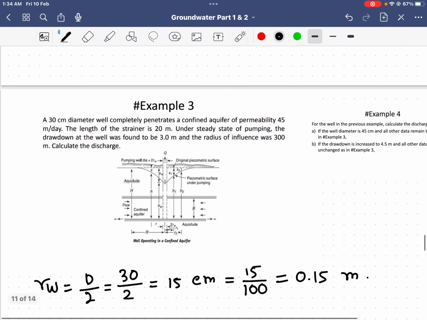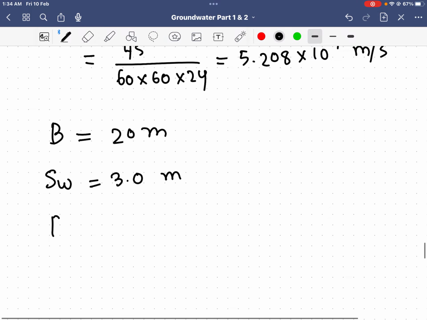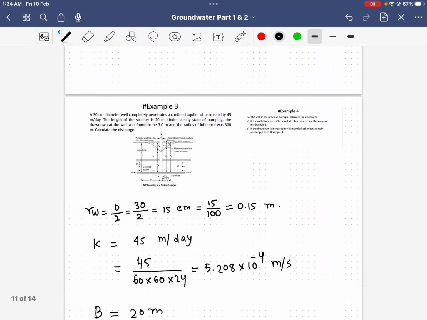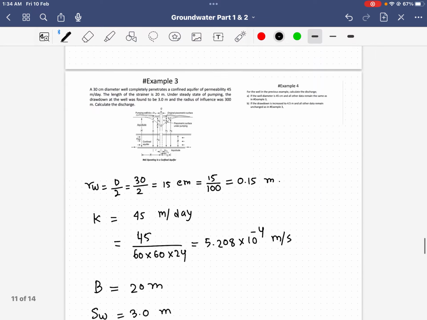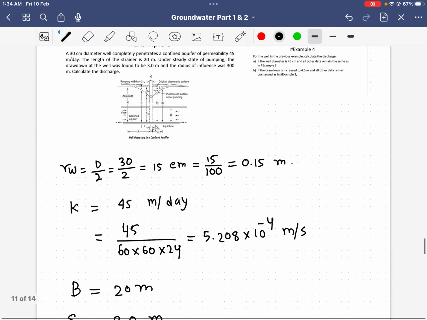Now the radius of influence, which is R, is 300. All the information available in my question I have already listed down on my paper.